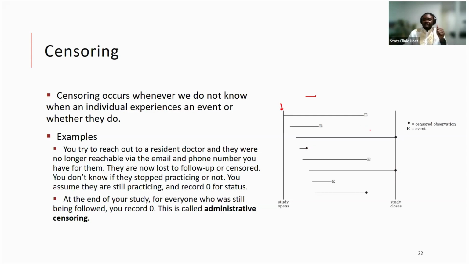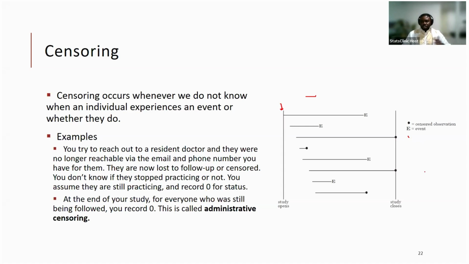So you have to bear in mind that we don't know what happened to this person. But even the person that, as I said, when you close the study, had not had the event at that time, it is possible that they may never have the event. That's possible. But it's also possible that maybe they had the event a week after you close the study. Because you have closed the study, you don't go back and add it into your information.